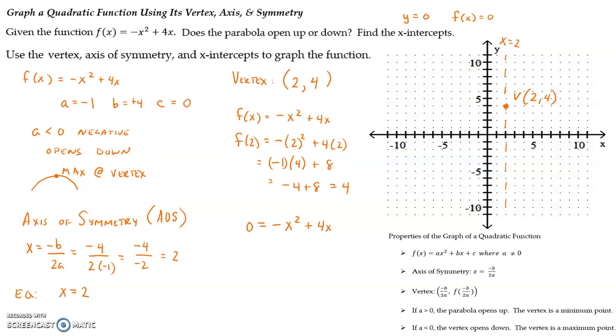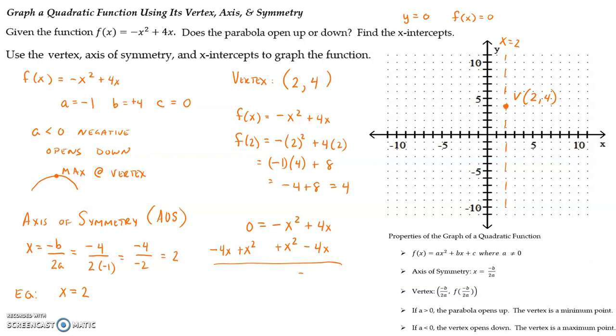And now you have a couple different ways you can approach this problem. Some people are probably going to want to factor this. And it's easier to factor if we're working with a positive x squared value. So I'm going to go ahead and add the x squared to both sides. And I'm going to go ahead and subtract the 4x from both sides as well.